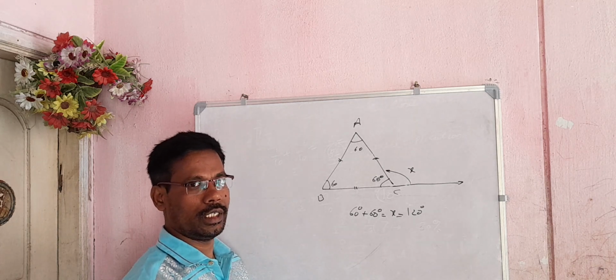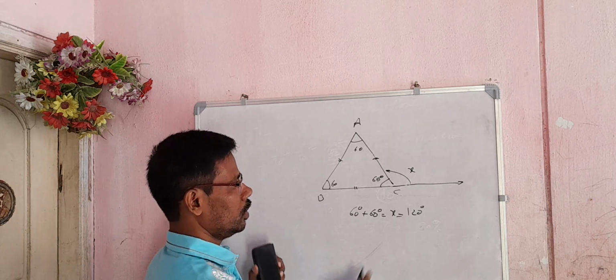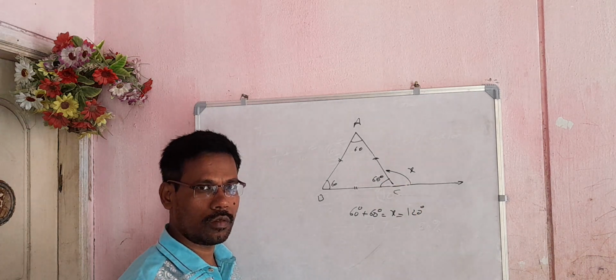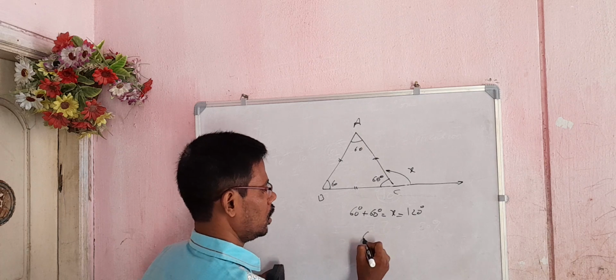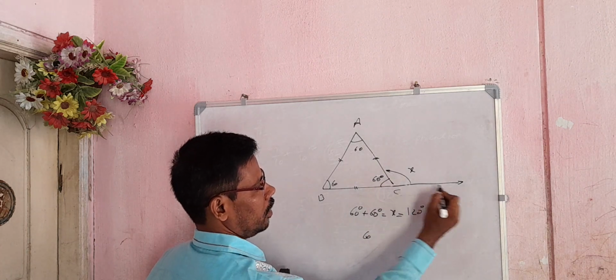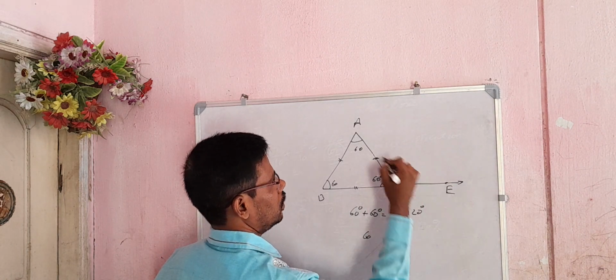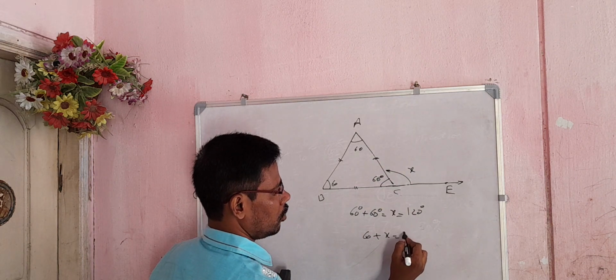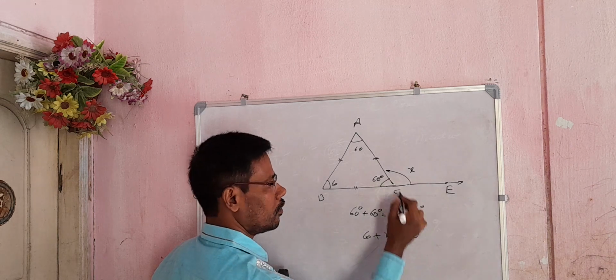Yes, absolutely it is. So you know a straight angle measures how many degrees? Like in 5th, 6th standard, 180 degrees. So this is 60, and this is a straight angle. Straight angle measures 180. 60 plus x is equal to 180 because these two angles form a straight angle.